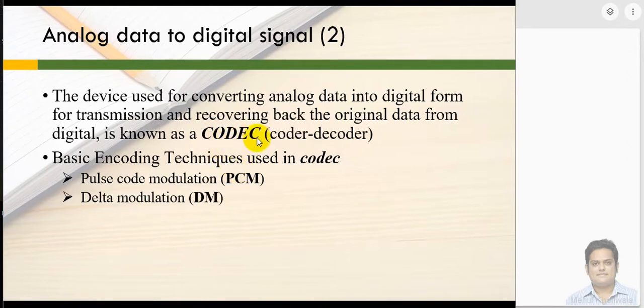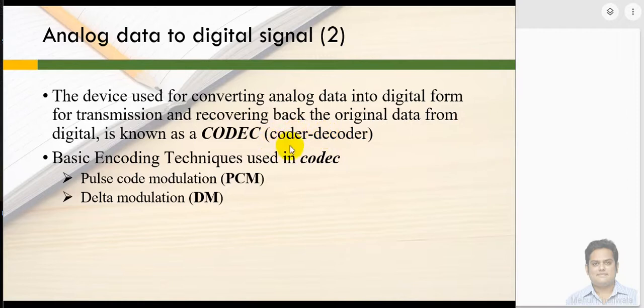So what is a codec? Basically a codec is a device used for converting analog data into digital form for transmission and recovering back the original data from the digital, right? So it is a two-way process, so that's why the name codec has come up, which is for coder and decoder.